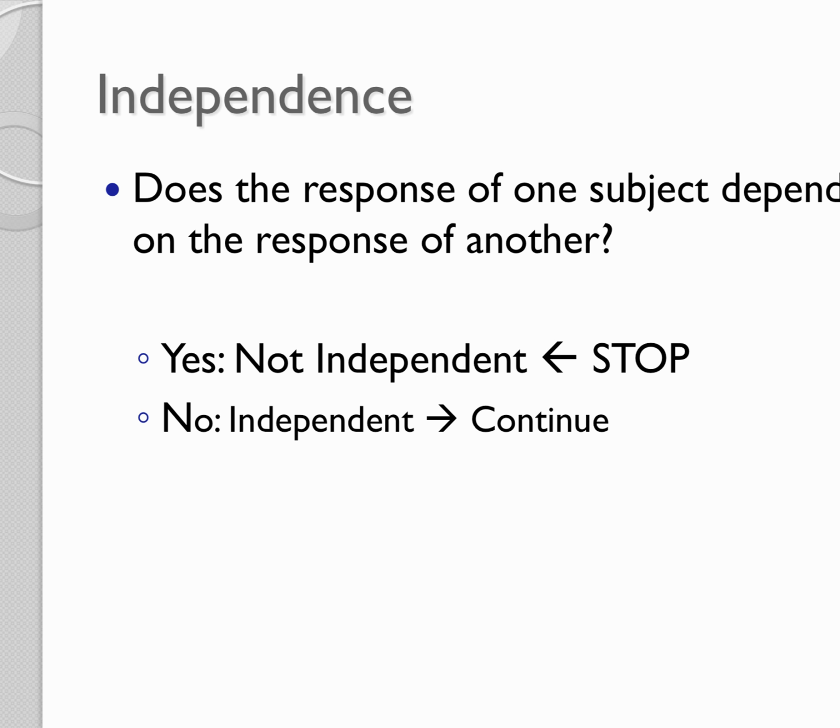If the answer is yes, say you have people from the same household, or you have family members, there might be some relationship between your rows or your cases, then they're not independent and you need to stop with this 10 steps of hypothesis testing and utilize a different type of test for paired results. We'll talk about that in the future. If they are independent, then the response does not depend on another response and we can continue. In this case, barring other information, they appear to be independent.